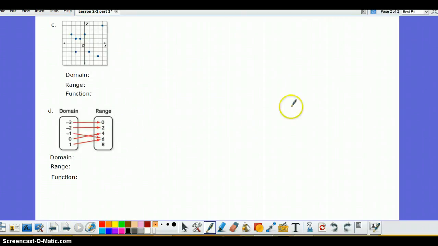Alright, moving on to some graphs. So, domain, still pretty easy, it's the x value, so this point has an x value of -3. These two here have an x value of -2, -1, 0, 1, looks like 3, and 4.